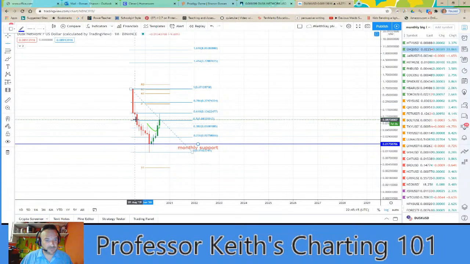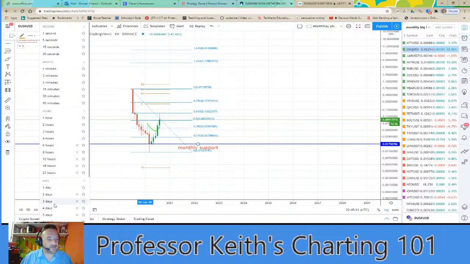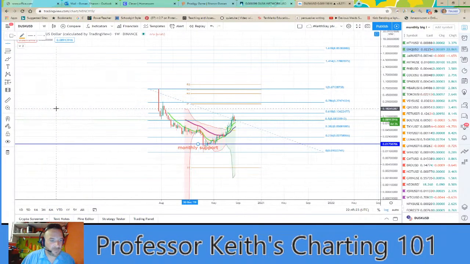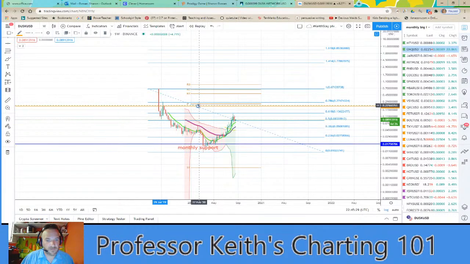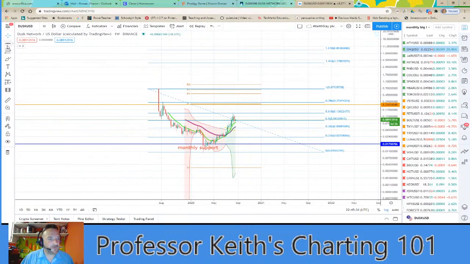Is there any resistance lines? Not monthly, they ain't. So we're going to switch to weekly and see if we can find some. There's some. Okay, so probably here, near the pivot. Somewhere around in there. And maybe another one down here. Okay, so we got a couple weekly resistance lines.